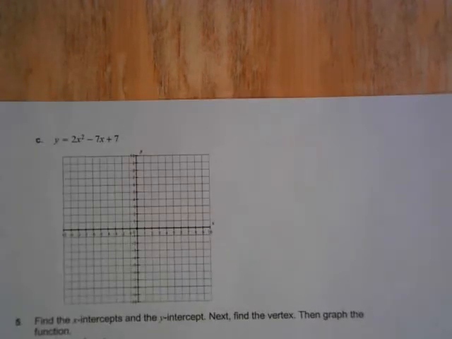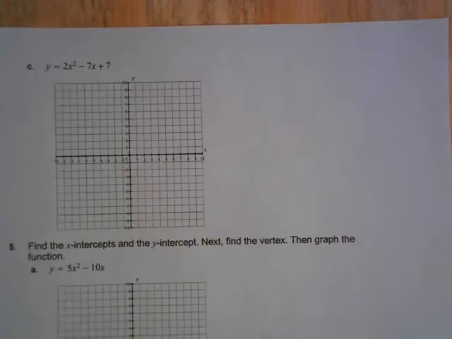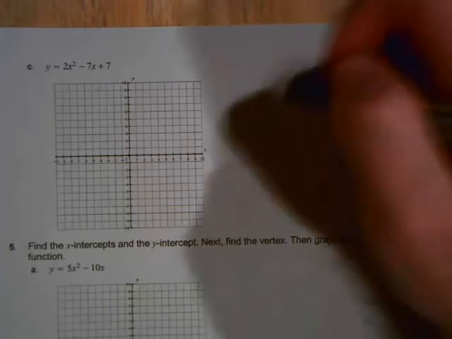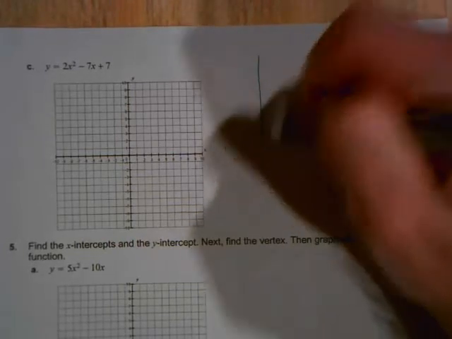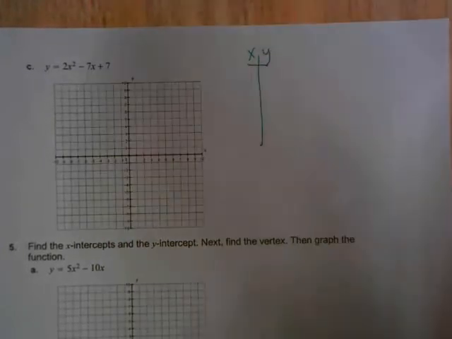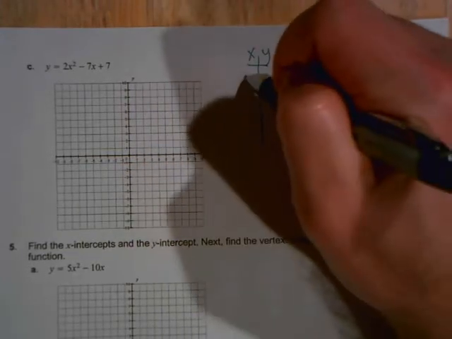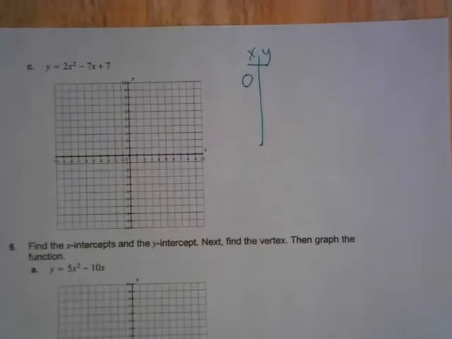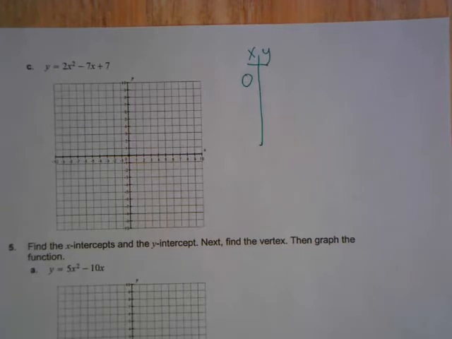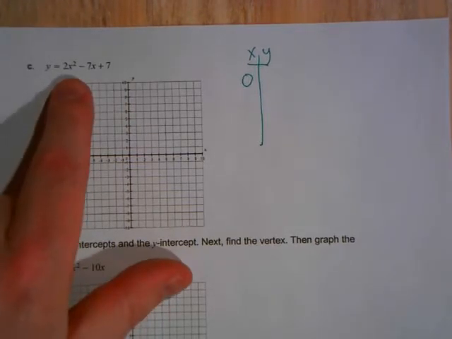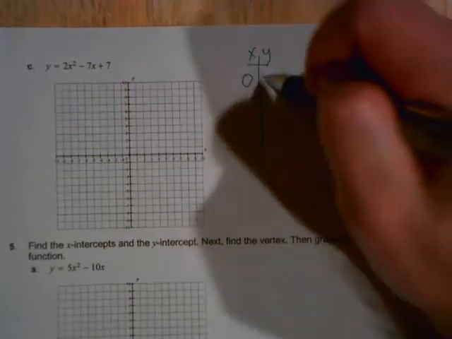Alright, so if I'm doing problem C, first thing I'm going to do is build a table. I'm going to begin by finding my y-intercept. Again, I like finding y-intercepts. It's a nice, easy thing to do. I plug 0 in, I get 0 minus 0 plus 7, that's 7. So I have 0, 7.